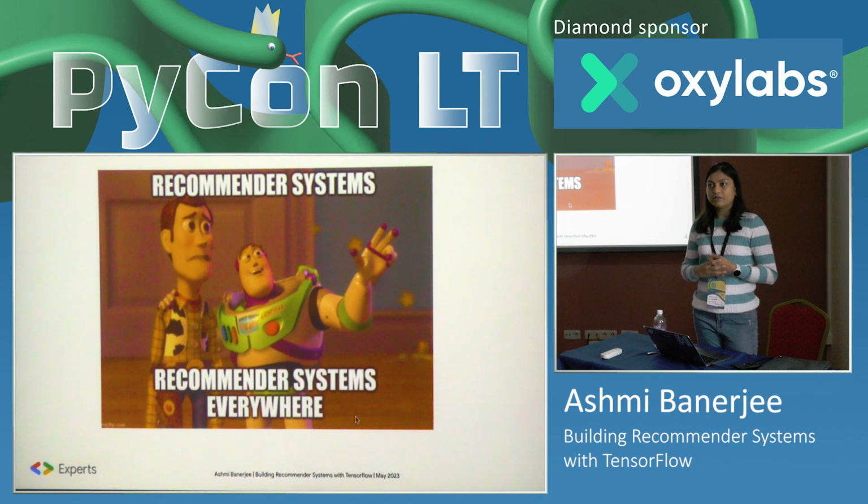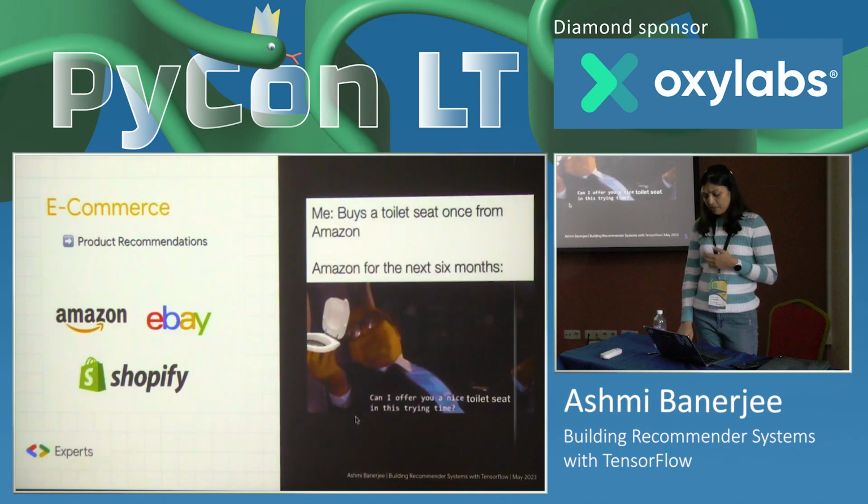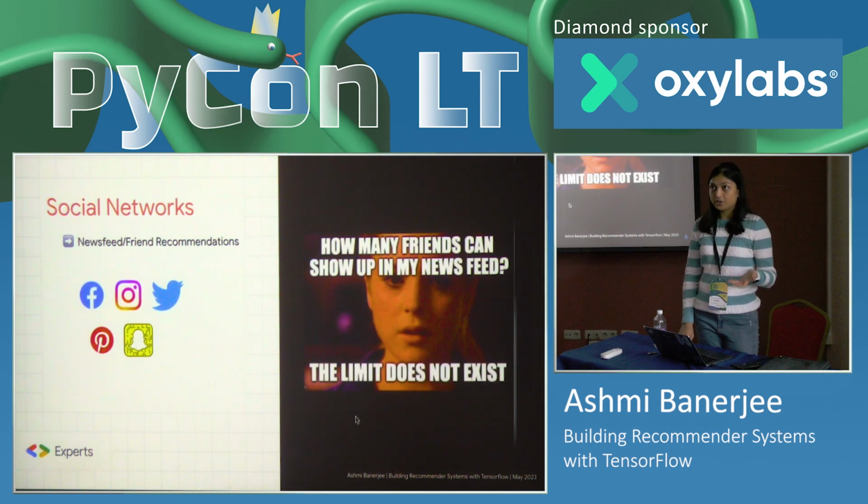As I mentioned, you have encountered recommender systems at some point in your life, I'm pretty sure, because they seem to be everywhere. For example, e-commerce, when it comes to product recommendations, such as Amazon, Shopify, eBay, you name it, you are using some sort of recommender system there. Social networks, say newsfeed generation, friends recommendation, whatever posts appear on your social media feed, everything is a recommender system.